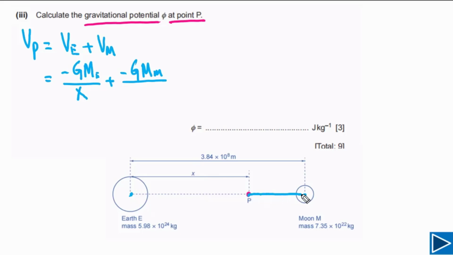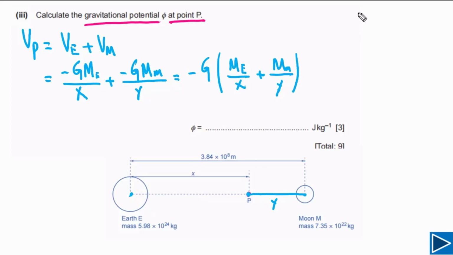As I mentioned before, let's say this distance is equal to y. So this will be divided by y. In this equation, for example, we can take negative G common. If we take it common, then we are simply left with the mass of our Earth divided by x, plus the mass of the moon divided by y. Now simply we need to plug in values and we can find out the value of potential at this point.